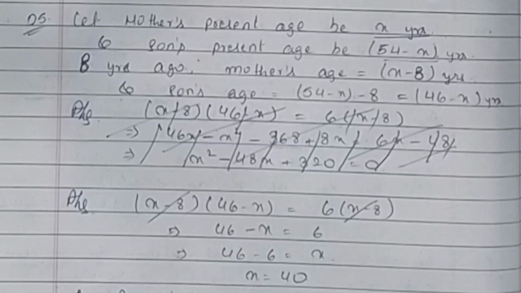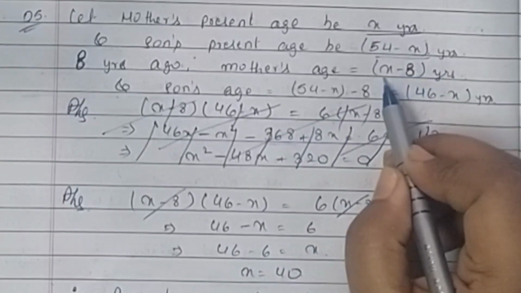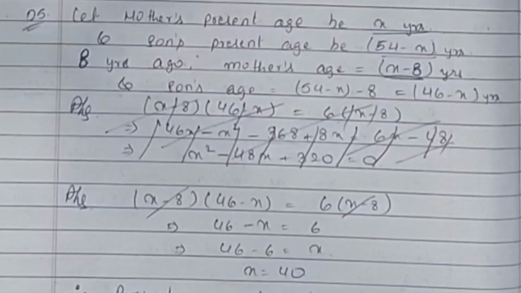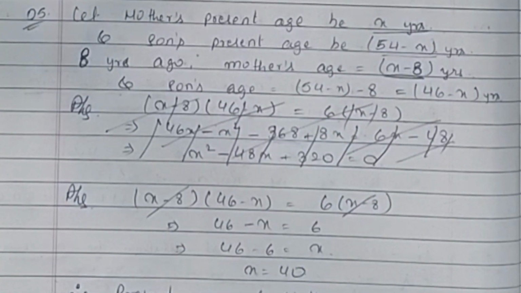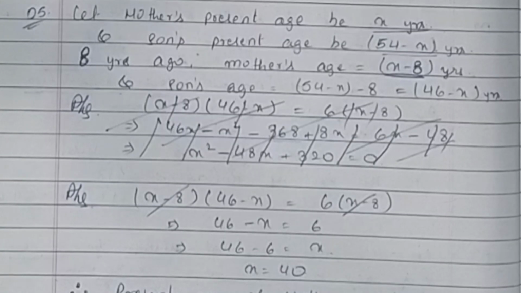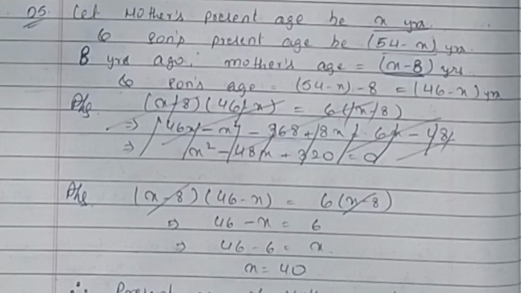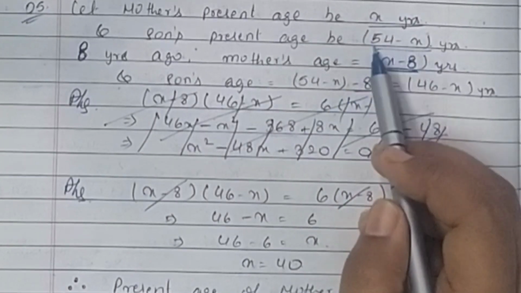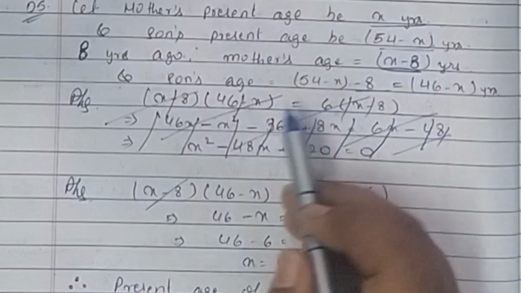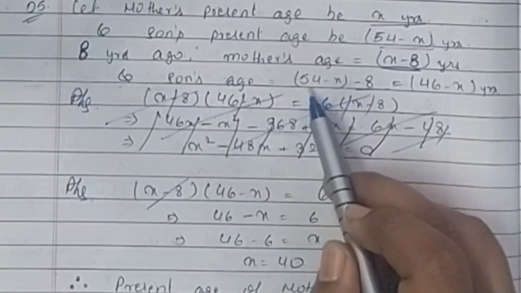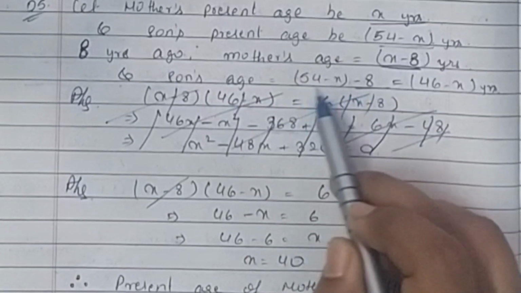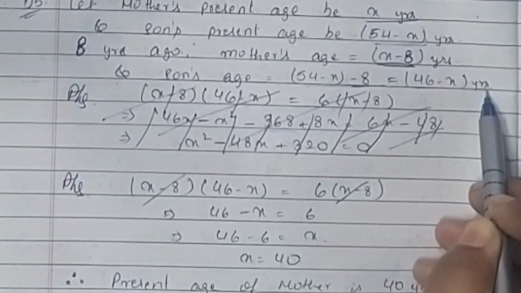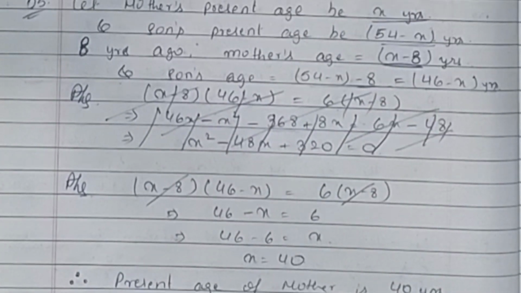So we will just subtract the 8 years from the present age of mother. We will get x minus 8 years. Similarly, we will see the son's age 8 years ago. So we will just subtract the 8 years from the present age of son. So after performing this subtraction, we will get 46 minus x years, which is the age of son 8 years ago.